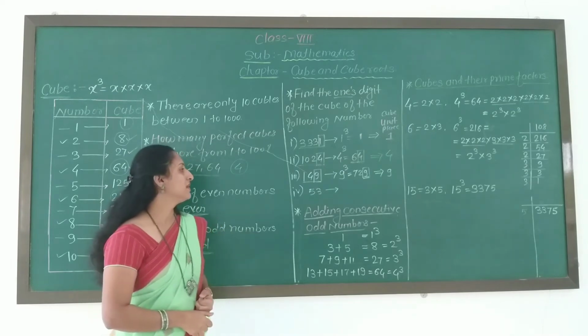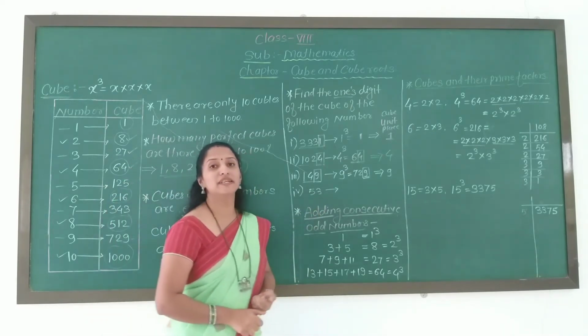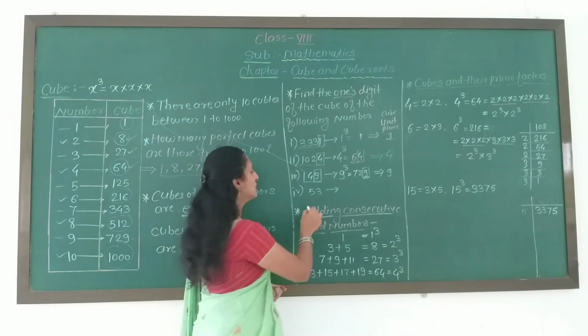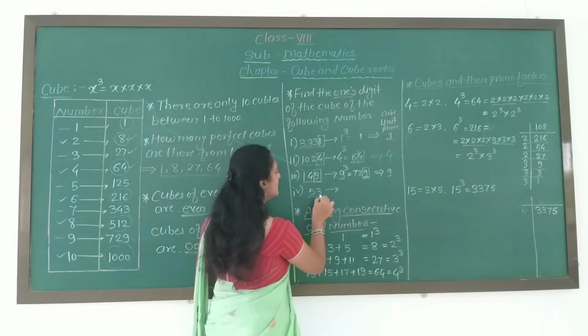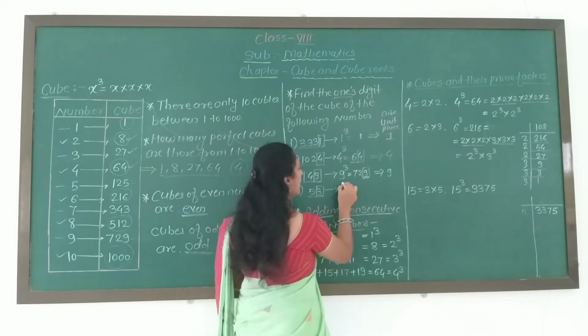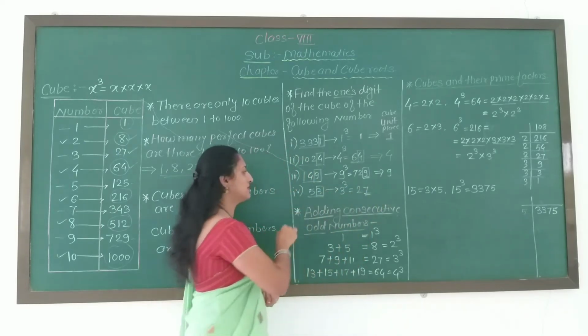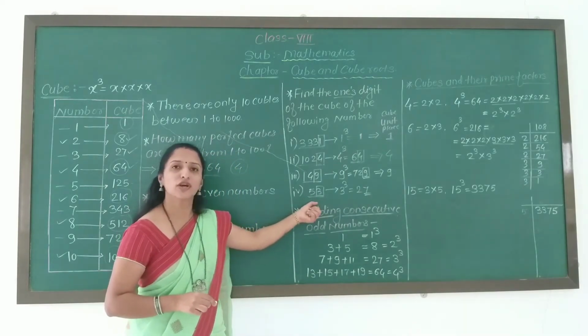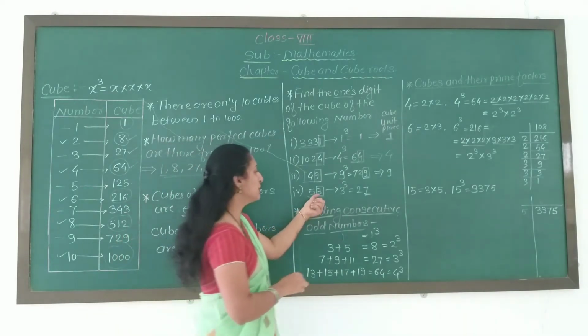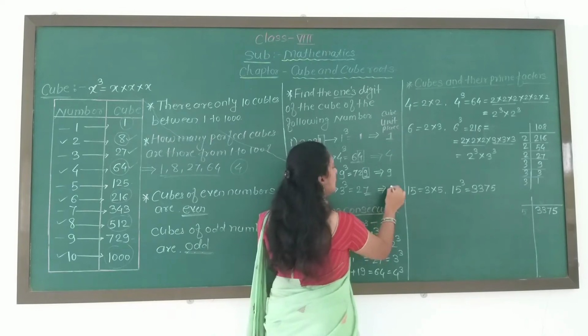Now for the number 53, here 3 is at the unit place, right? So take the cube of 3. The cube of 3 is 27. So when we calculate the cube of 53, we get 7 at the unit place.